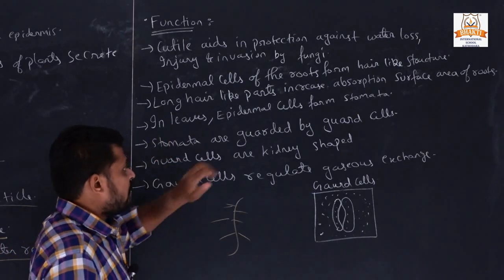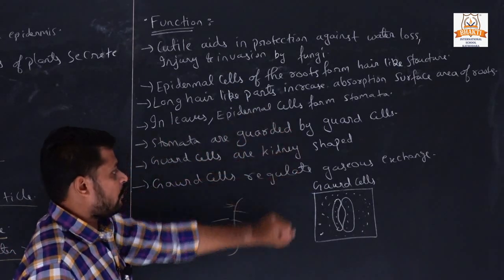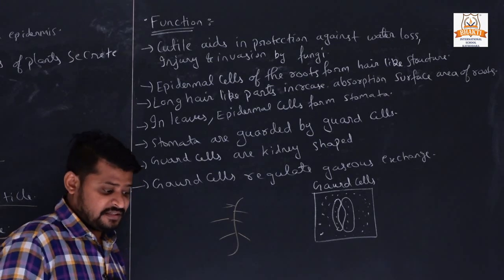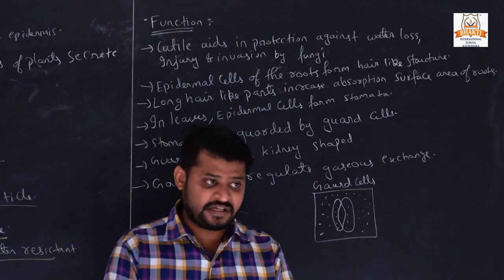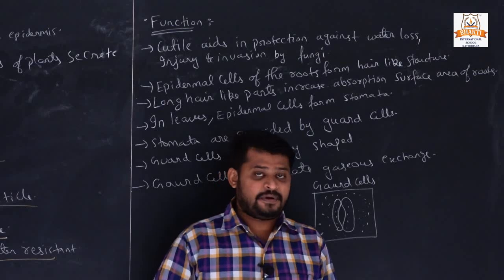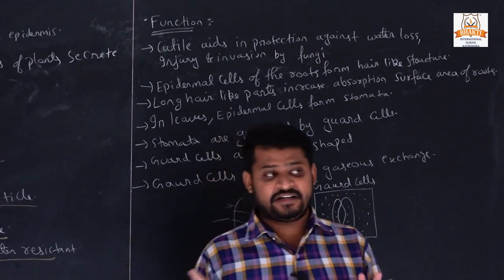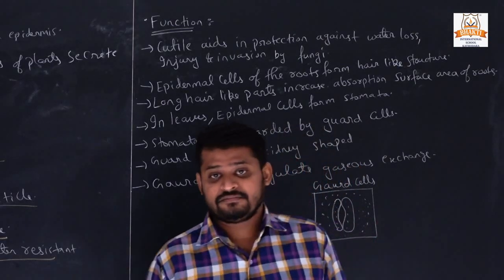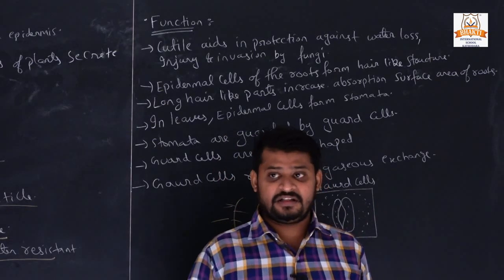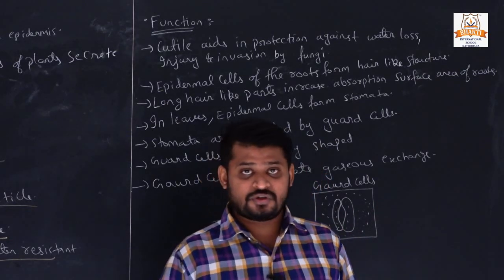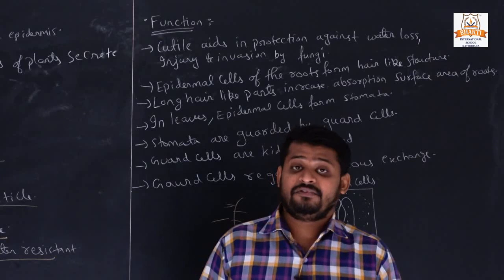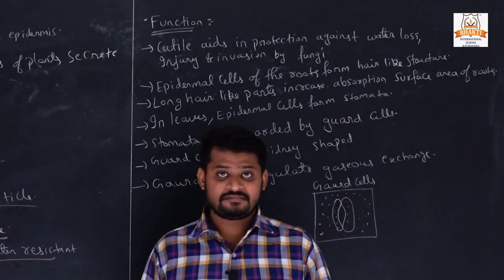In leaves, epidermal cells form stomata. Now the question arising is, sir, you said the plant found in dry habitats is fully covered with a waxy material, that is cutin. So how will they exchange their gases?